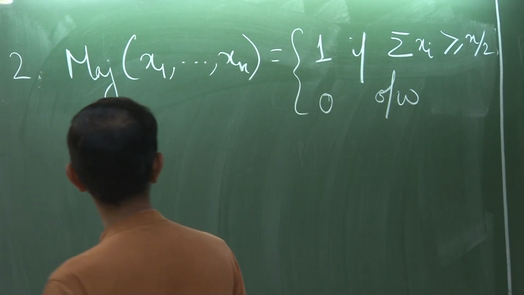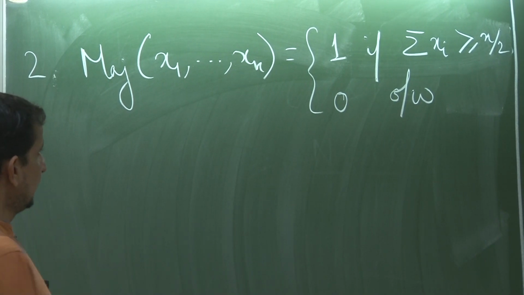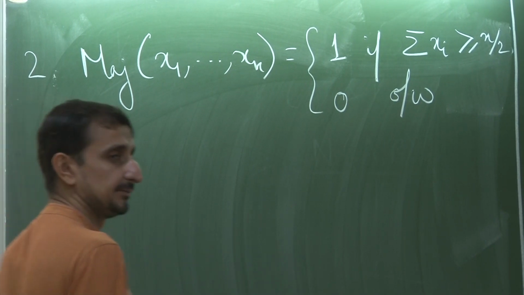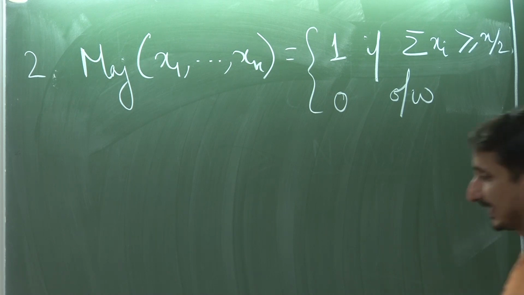So, what can we say about the formula size of majority? Now, how do we choose A and B? Actually, if you choose A and B nicely, then the problem is almost solved. So, how do you choose A and B? Any guesses?